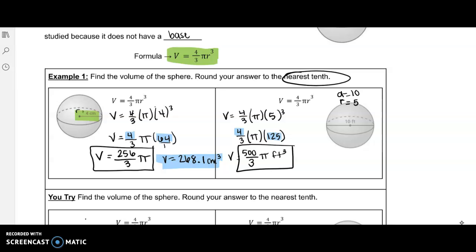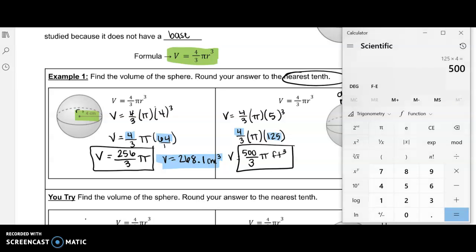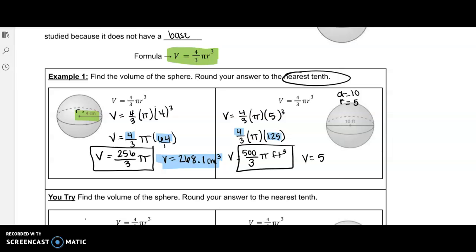If it says to round to the nearest tenth, then we are going to do 500 divided by 3 times pi. And so that gives us 523.59. That 9 is going to make that 5 round up to a 6. So our volume equals 523.6 feet cubed.